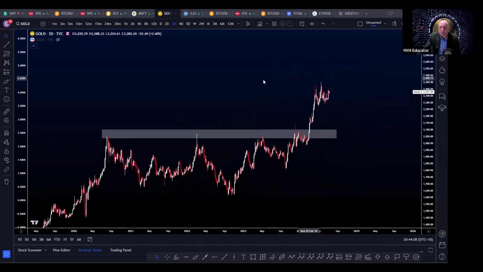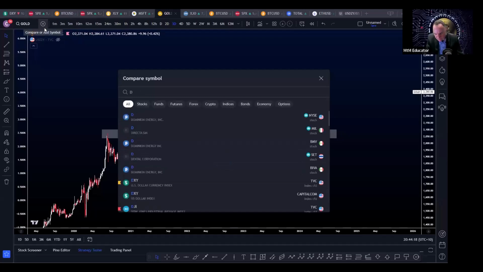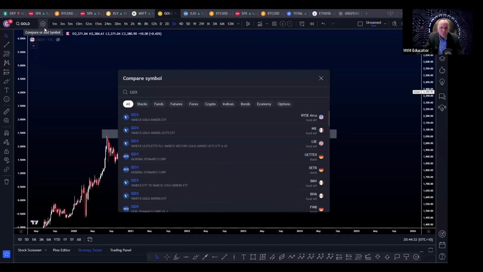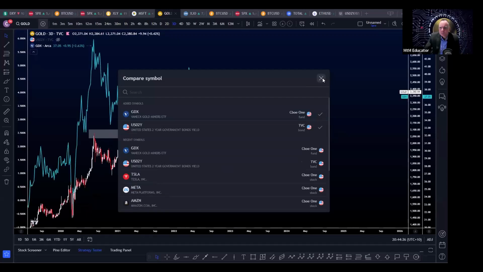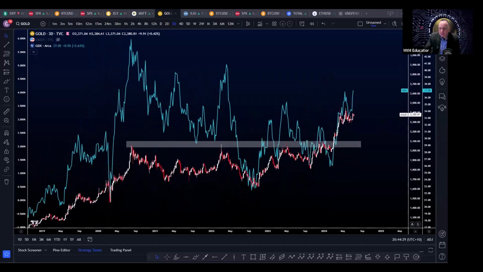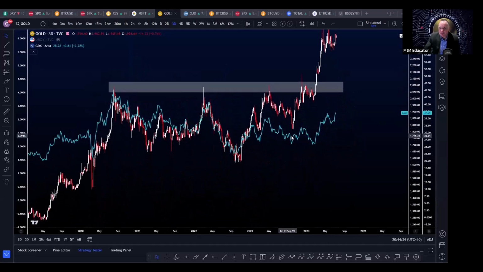If gold does rally by another $500, the one thing we want to keep an eye on is our gold miners. So if we look at GDX, and how GDX is really lagging behind the gold price.